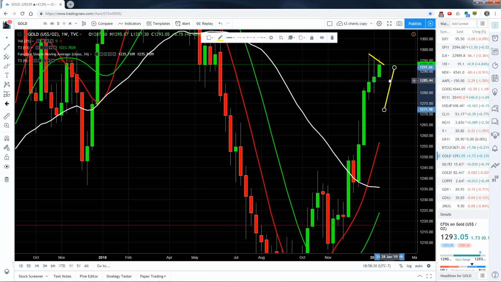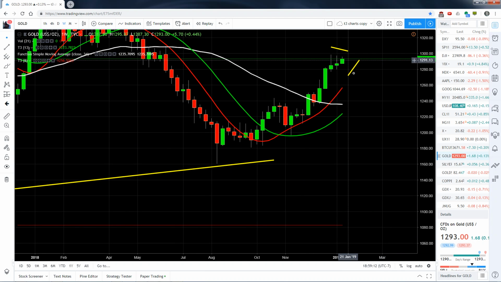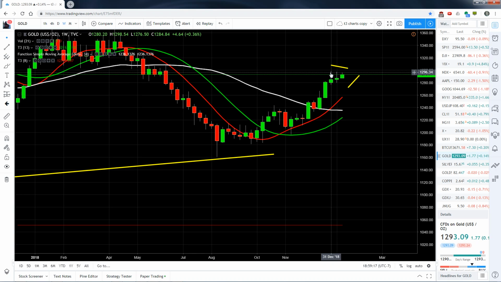The elasticity is getting thin, and it just kind of rubber bands back into support. Its natural course is always back into support. So when it reaches too high, watch it come back in.